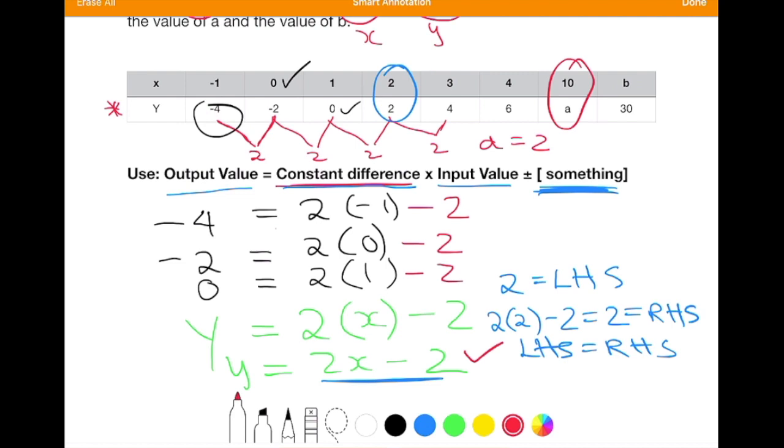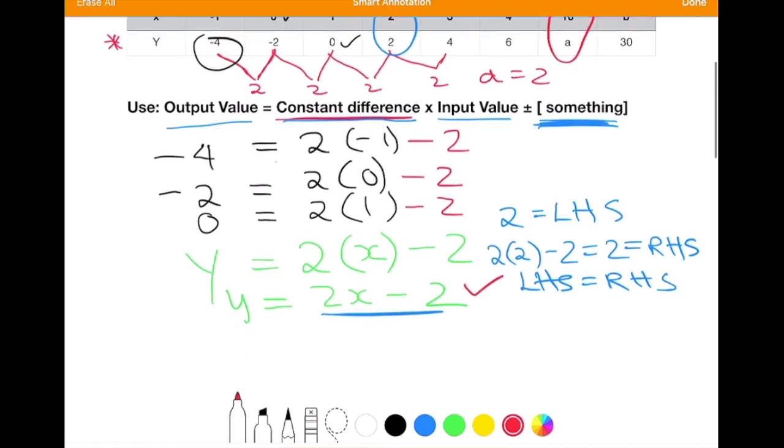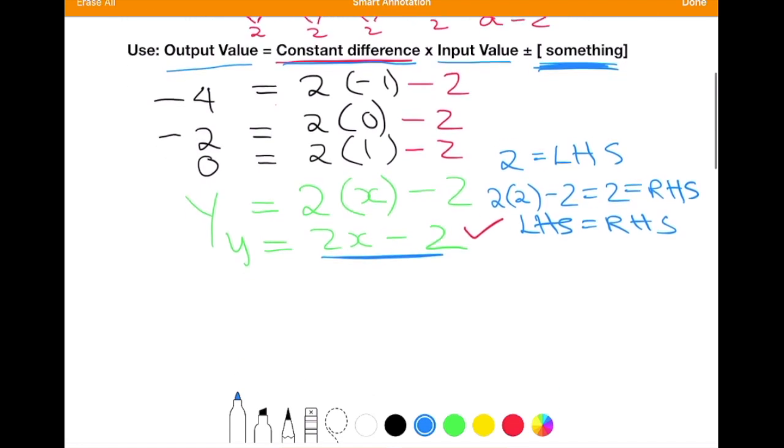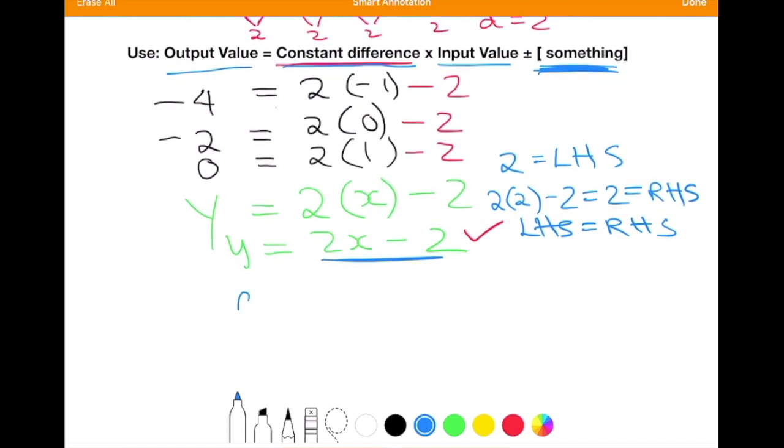And then we solve that equation and find a. Let's do that down here. So wherever there is y, we now put a. And wherever there is x, we now put 10. And that will give us the value of a. If you simplify that, that should give us 20 minus 2, which is equal to 18. So we know that a will be equal to 18.